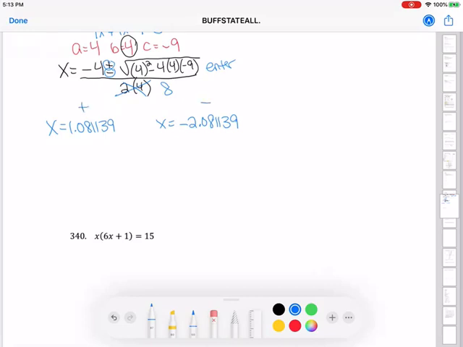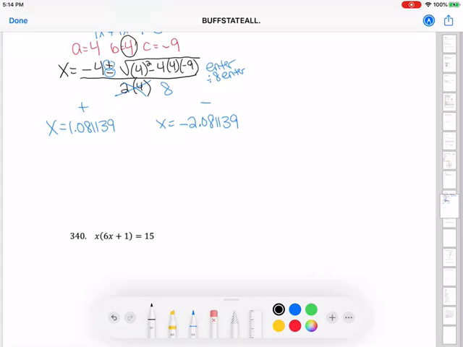This is what you get when you plug it in with a plus on top, and this is what you get when you plug it in with a minus on top. So remember, you type in the whole top, press enter, then you do divided by 8, enter, and those are the two answers you should get. Okay, if you're having a hard time plugging it in your calculator, please reach out to me through email or office hours. I'm happy to help you guys.